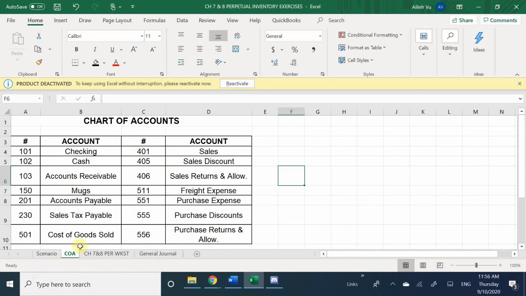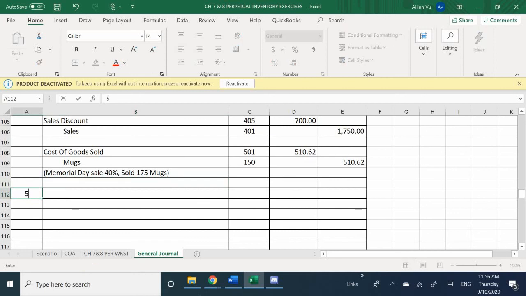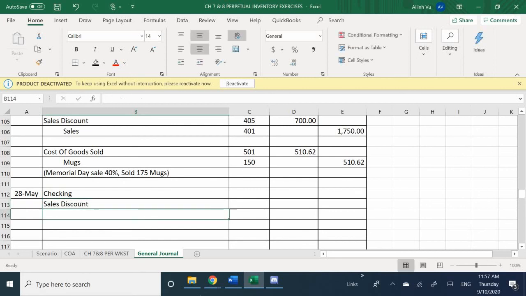And I'm going to go ahead and give the assumption that those coffee mugs are still going to be priced at $10. So in this case, on May 28th, we received payment through checking. We received a sales discount because we offered it to him for buying in bulk. But also because we got rid of the items that we didn't want originally.